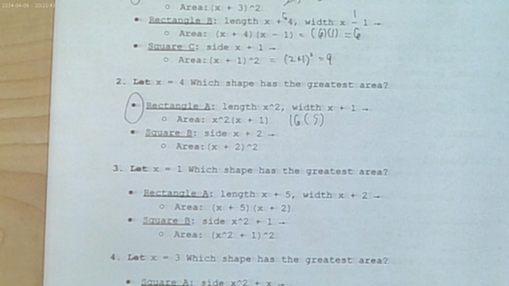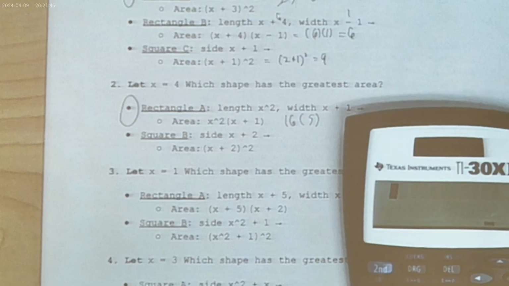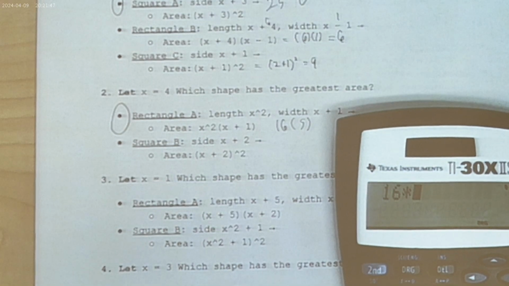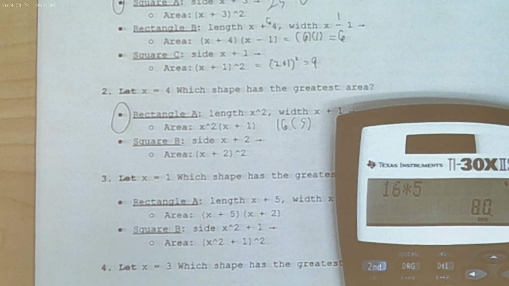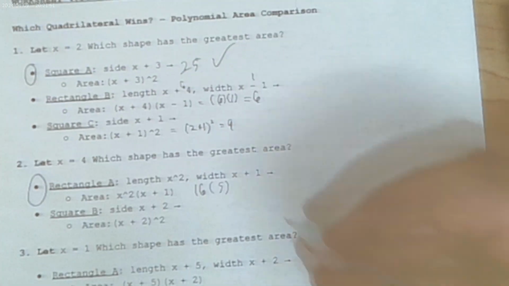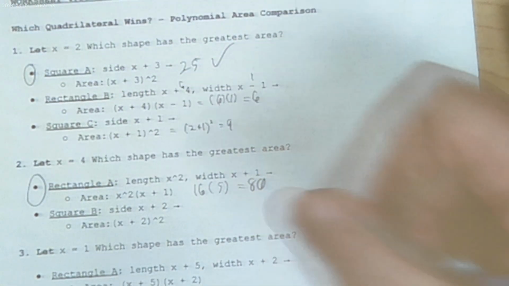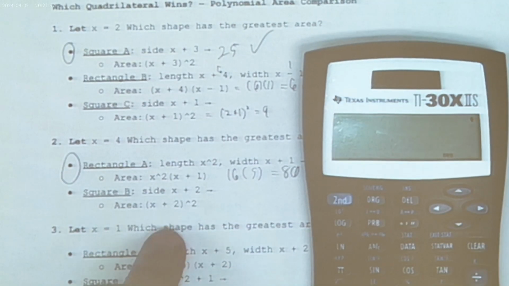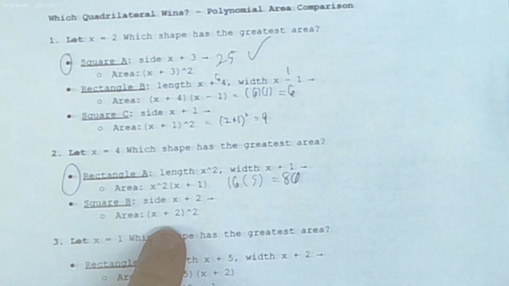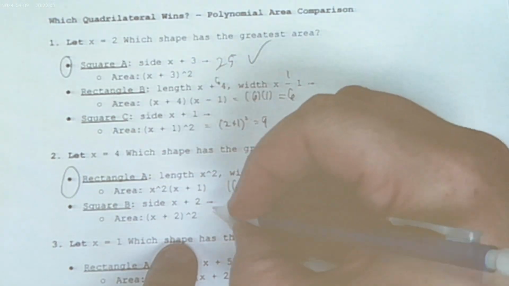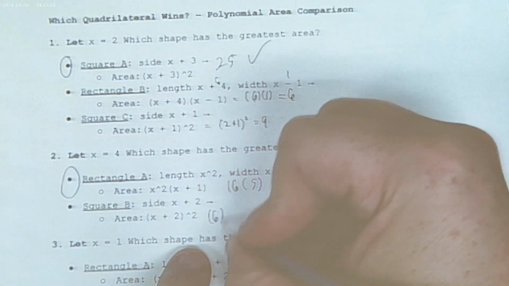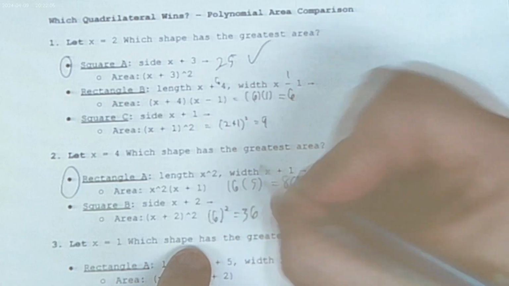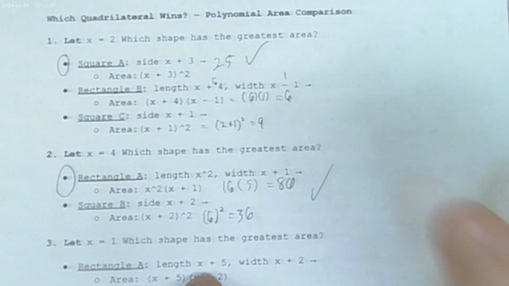So 16 times 5 is going to be 80. And then this one is x plus 2, so that's 4 plus 2, 6 squared, which is equal to 36. All right, so I got that one right.